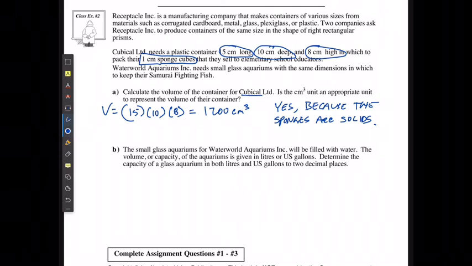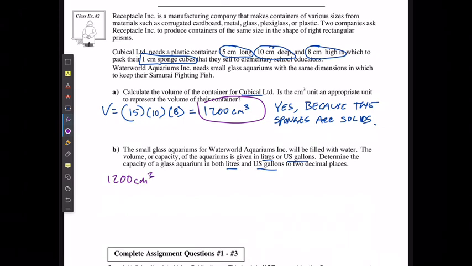The small glass aquariums for Waterworld Aquariums Inc. will be filled with water. The volume or capacity of the aquariums is given in liters or US gallons. Determine the capacity in both liters and US gallons to 2 decimal places. Well, the conversions I'd have to do, because I've already solved the volume, is if I have 1,200 centimeters cubed, that would be the same as 1,200 milliliters, because centimeters cubed and milliliters are the same.